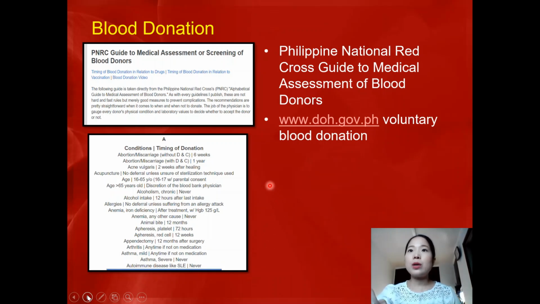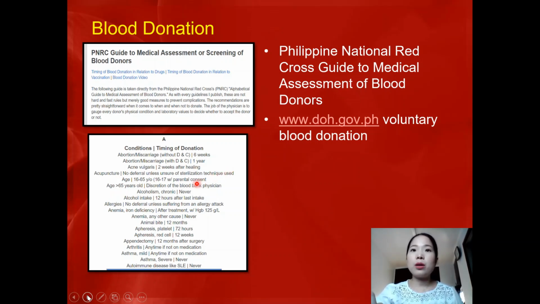We actually have a guide on the medical assessment of blood donors, and you can see that on the website of the Philippine National Red Cross. In here, you can see in alphabetical order the different requirements that blood donors are required to meet.